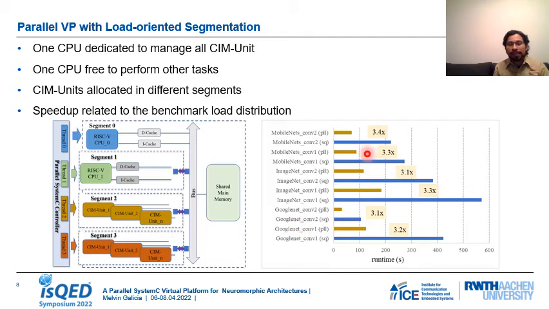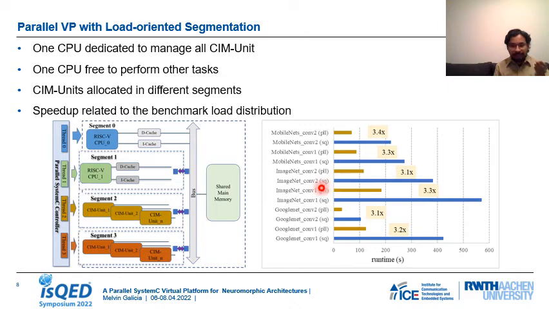So what you can see here is that again we got a speed up of 3.4x compared to its sequential counterpart. But here something is not so easy to observe: for example, now we have 4 segments, we don't have a 4x speed up. Why?